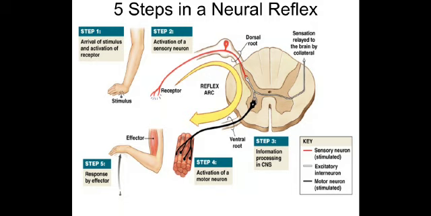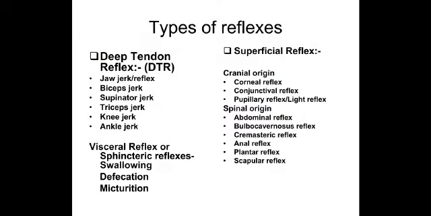We clinically classify reflexes into the deep tendon reflexes, or deep reflexes, which include the jaw jerk, biceps jerk, supinator jerk, triceps jerk, knee jerk, and ankle jerk. The superficial reflexes can be of cranial and spinal origin.